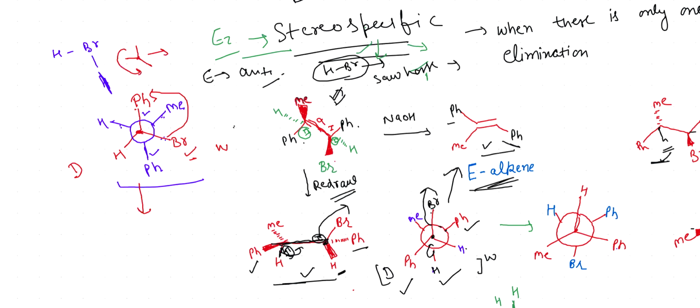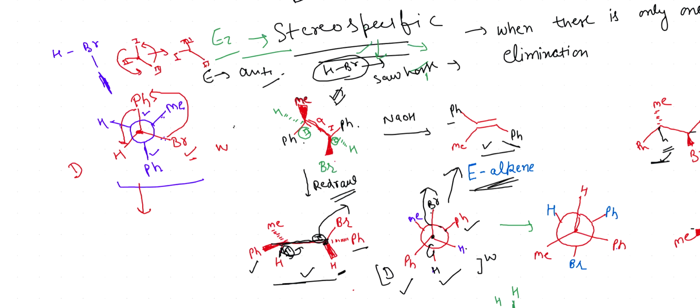Like this is 1, 2, 3. They will interchange their positions. Like 1 will come here, 2 here, and 3 will come here. So upon interchanging their positions, I'm changing only the groups of carbon number 1. So just draw the structure again after interchanging the positions of the groups.